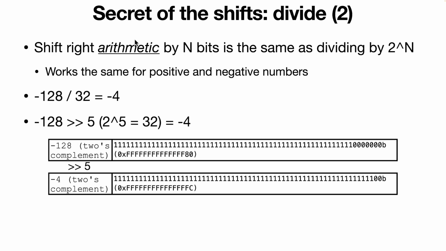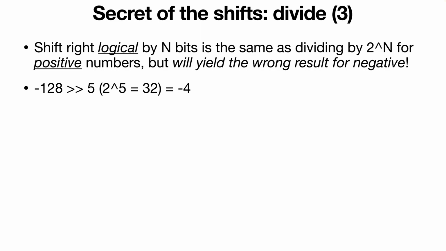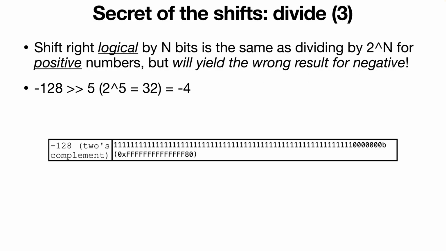But it is only arithmetic shift where we include the most significant bit, the sign bit, and we fill that in at the most significant bits. Only arithmetic shift works for positive and negative numbers. If you do a logical right shift, that works for positive numbers, but it'll yield the wrong result for negative. So again, let's take our 128 example.